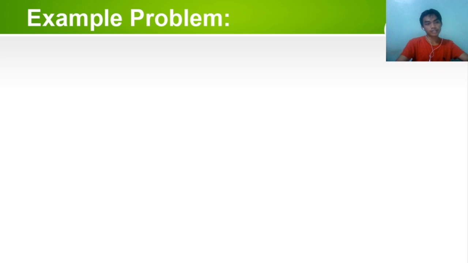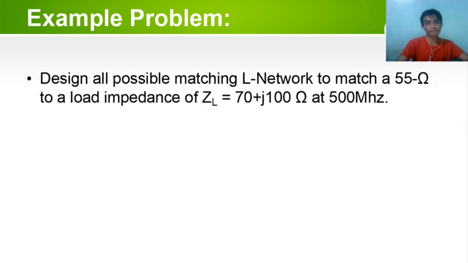So we have here an example problem. Design all possible matching L networks to match 55 ohms to a load impedance of ZL equals 70 plus j100 ohms at a frequency of 500 megahertz.